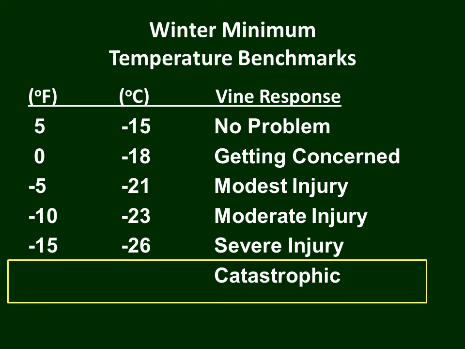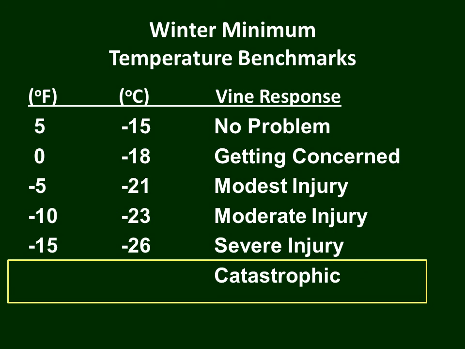So I'm going to put those in a new category of this temperature benchmarks table. I'm going to call that catastrophic, because temperatures that low, minus 17 to minus 21, are likely to outright kill vines of the kinds that we grow, unless the low temperature occurs when we have abundant snow cover.